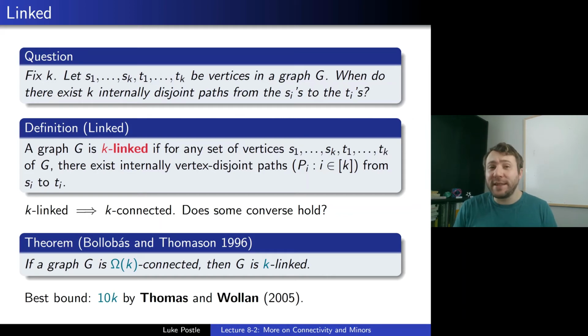The best bound to date is 10k by Thomas and Wollan from 2005. So a very fundamental question, but if you don't care about the exact value, just the right order up to some additional constant, if you're willing to pay a little bit more, we can actually get this k-linked property. And I think that's a very nice fundamental result in connectivity.